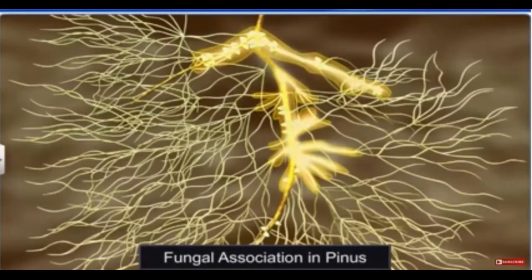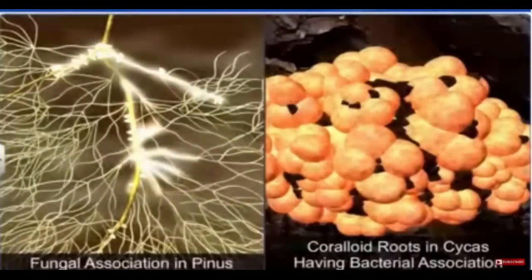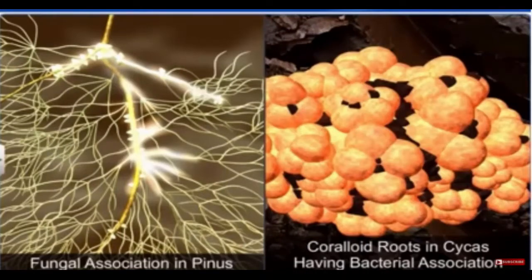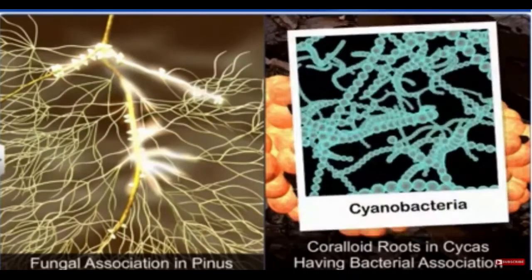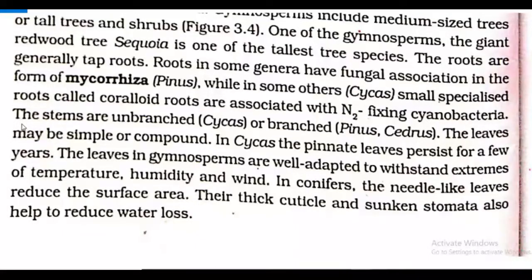Converting it into the absorbable form is mainly done by nitrogen fixing bacteria. So we have discussed two types of roots: mycorrhiza, an association between a root and fungus in Pinus, and coralloid roots in Cycas, which are associated with nitrogen fixing cyanobacteria.